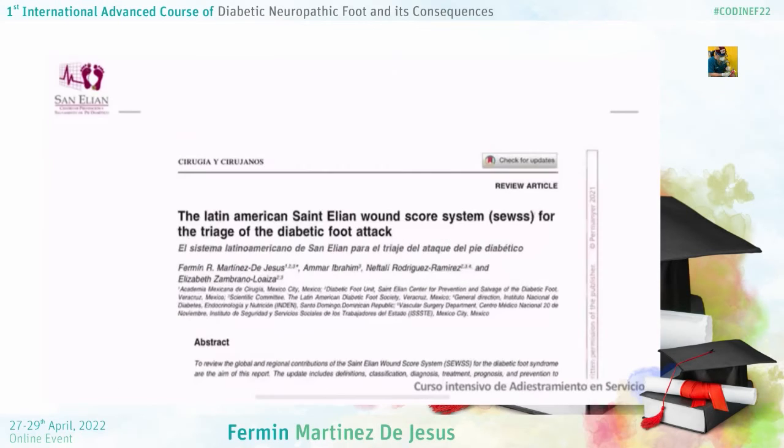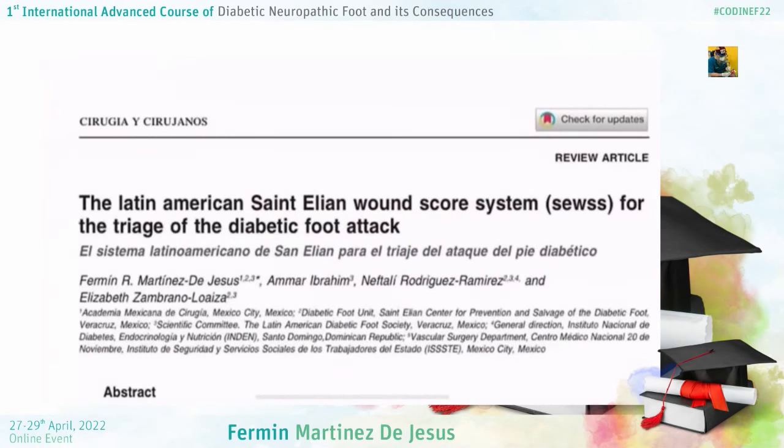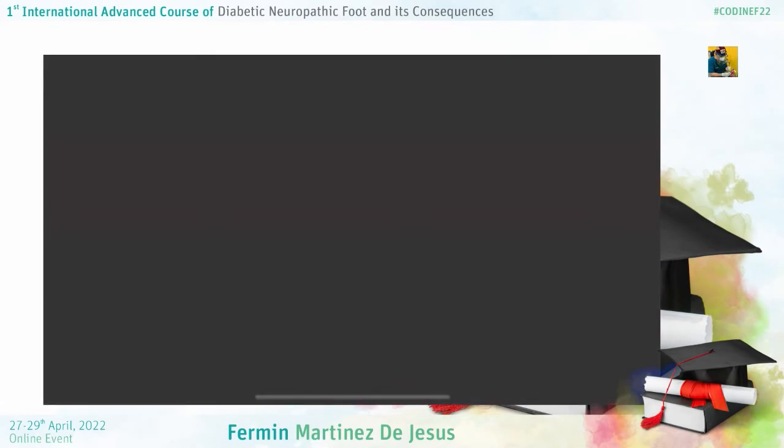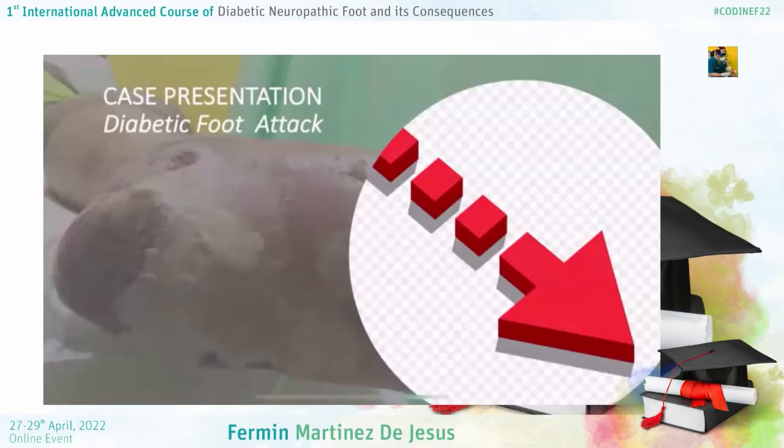This is the last one that we published, where you can find the whole history and review of the Latin American system and its success and use, mainly in Latin America.